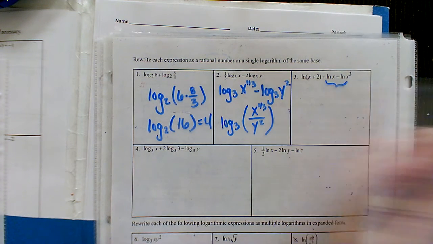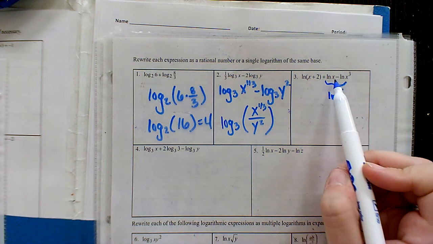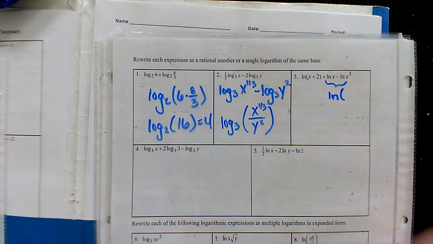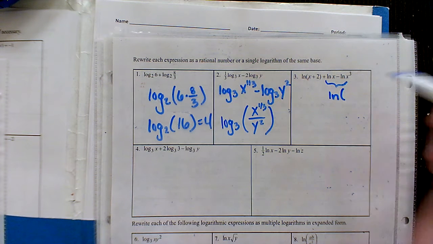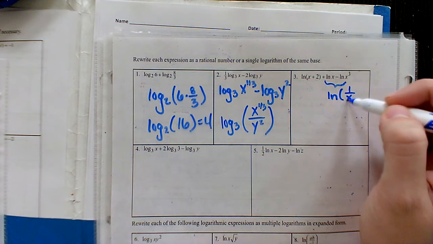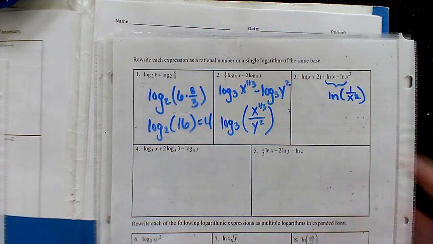So she noticed that we are subtracting. This would be the natural log of x divided by the natural log of x to the 3rd. Can we simplify that in our heads, though? If you have x over x to the 3rd, how many x's do we have left, and where are they? Yeah? -2, so you can write x to the -2nd, or 1 over x squared. Okay, they mean the same thing.